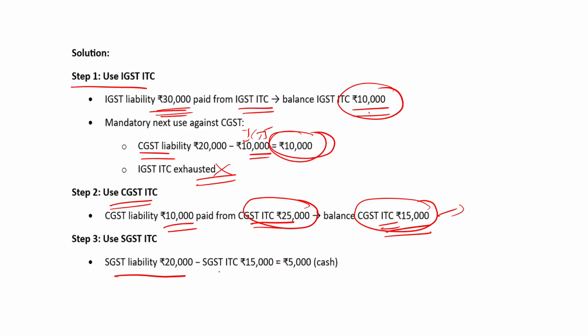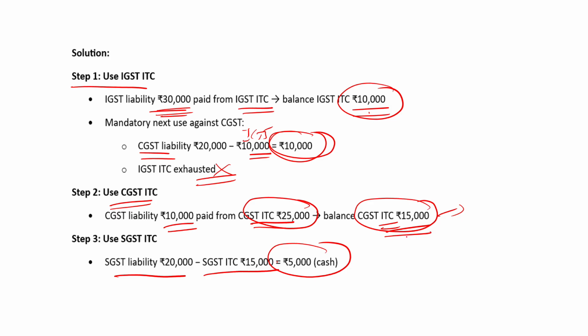SGST is 20,000, but we have input of only 15,000. So this 5,000 rupees cash needs to be paid to the government by the business. If we summarize, only 15,000 is input tax credit which will be used in future, and only 5,000 needs to be paid. With this we have completed problem number 1 of set-off of input tax credit under GST.